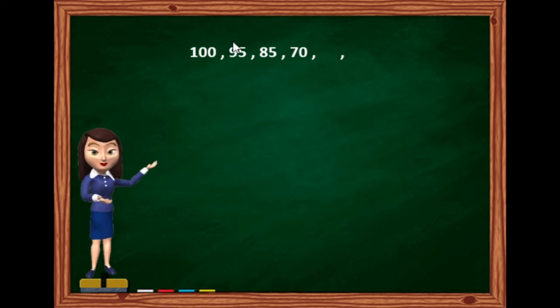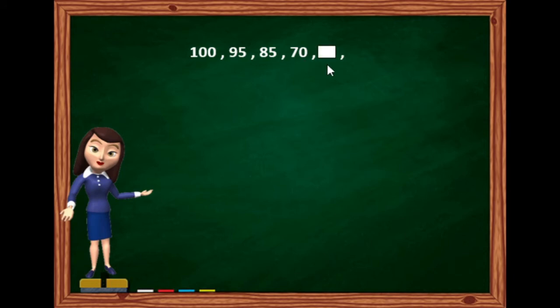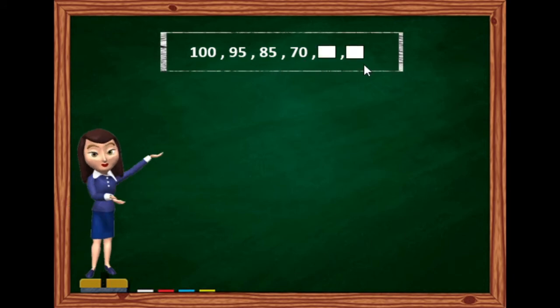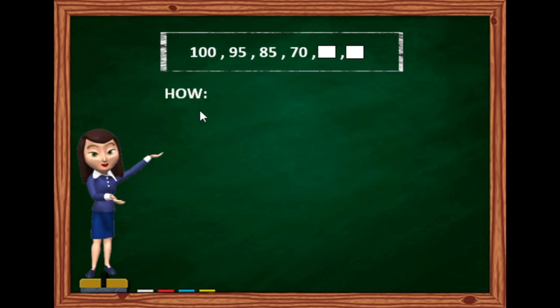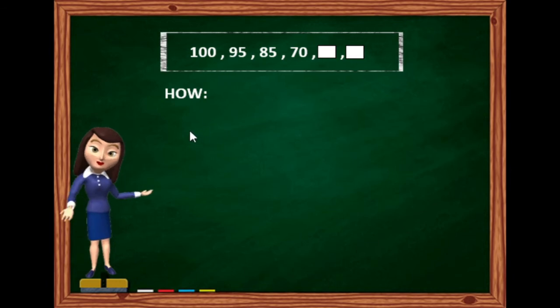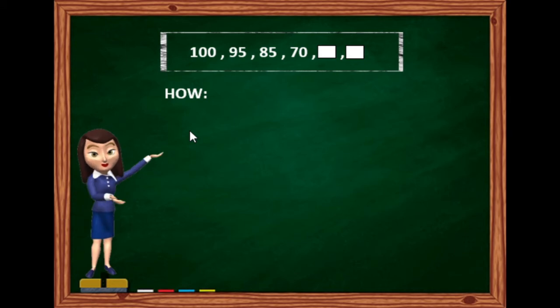Another example, we have here 100, 95, 85, 70, and next, 2 numbers. How? We would do what we did with the previous question. So we need to write it down. 100 to 95.